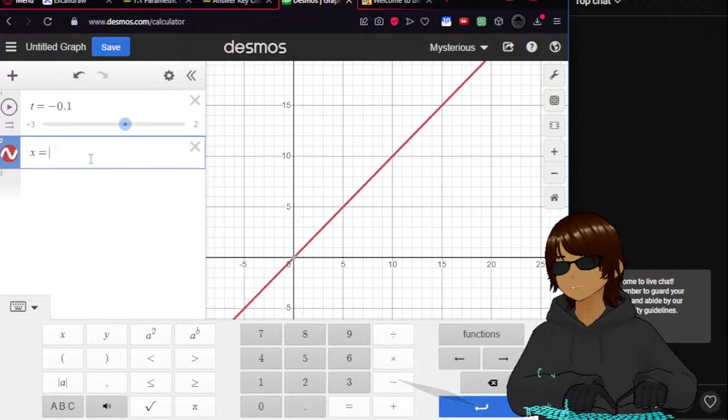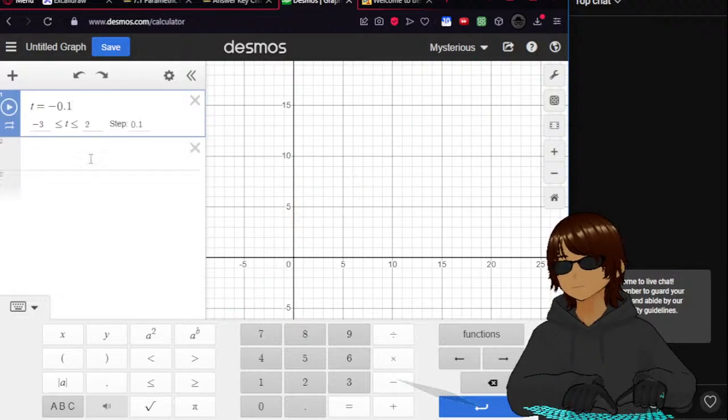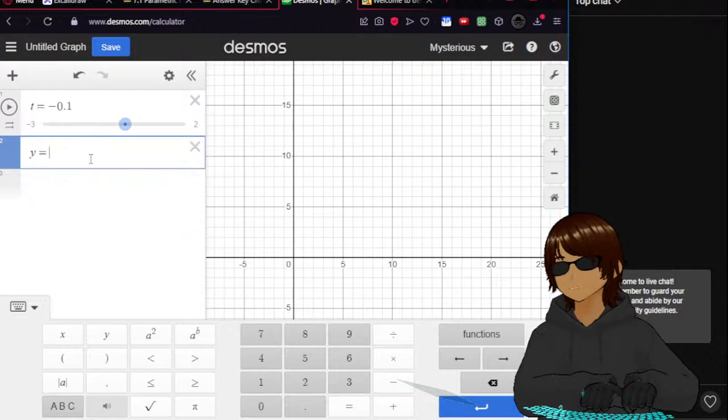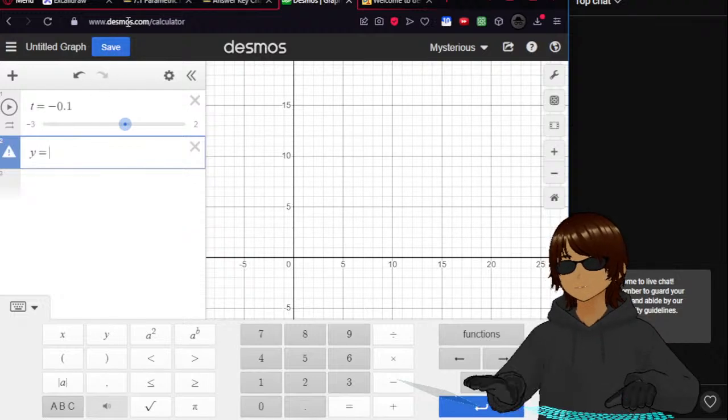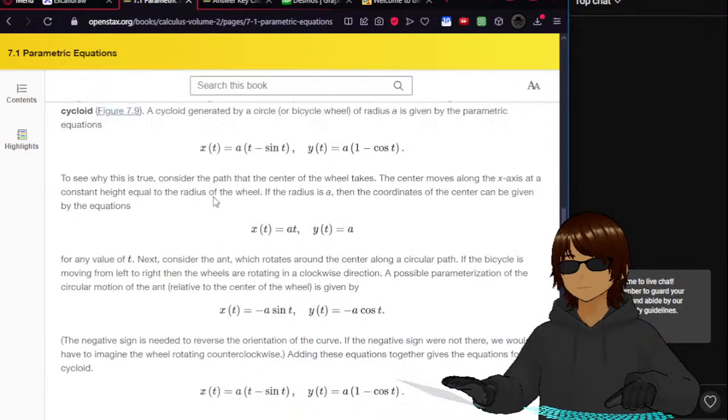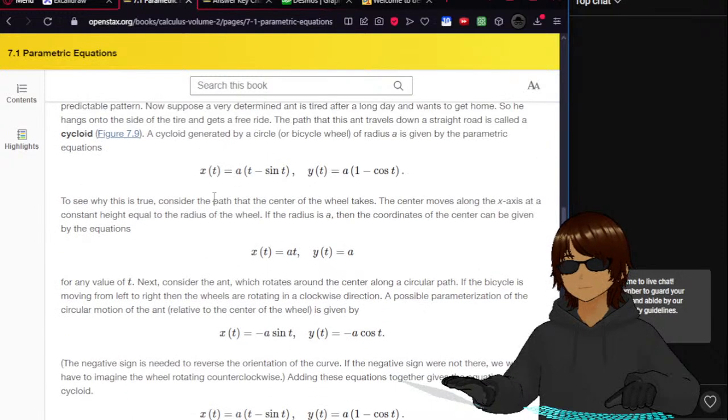No, not like this. I think it's better if I define y. Y is equal to... why is it 1 minus cos t?